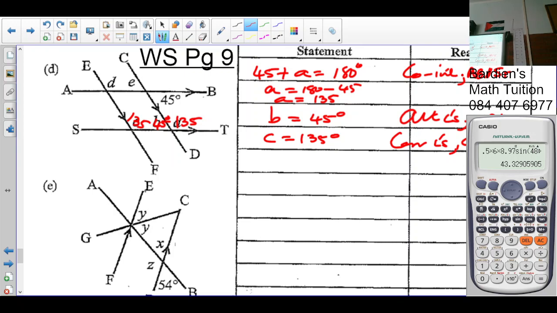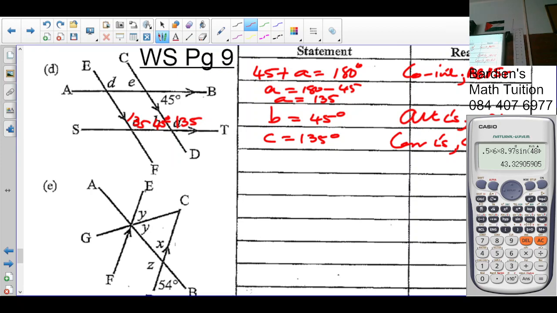How do you calculate D? D is 135. 145. Why is it 145? 45. E is 45. Why?